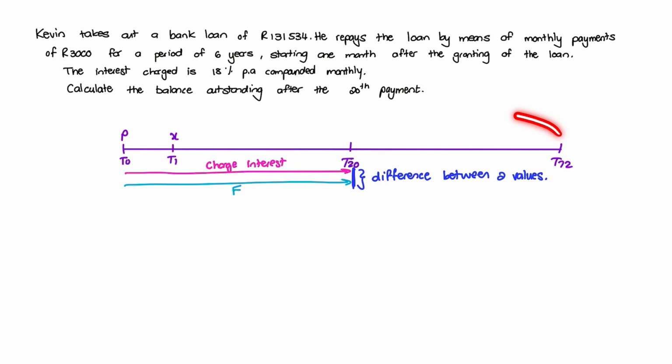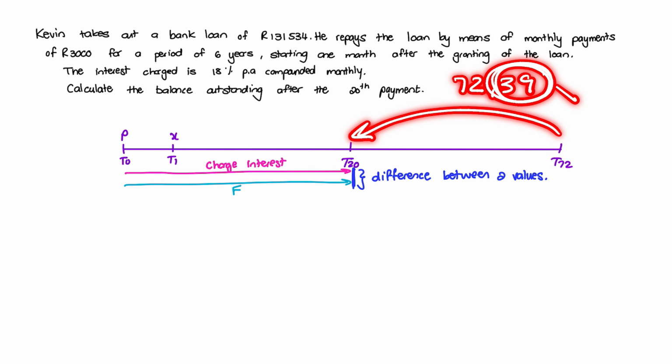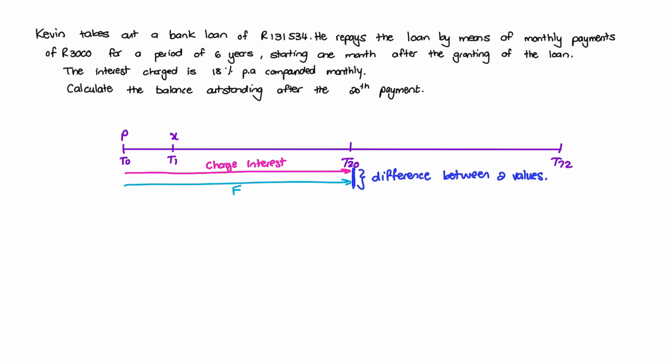But the problem with the decimal part is if you have, for example, 72.39, that 0.39 creates an issue because that's actually an extra payment or something like that. So my preference is to always take money forward into a certain point of time. Then I know my N value will always be a whole number, which avoids a lot of confusion and unnecessary mathematics around logs and everything like that.